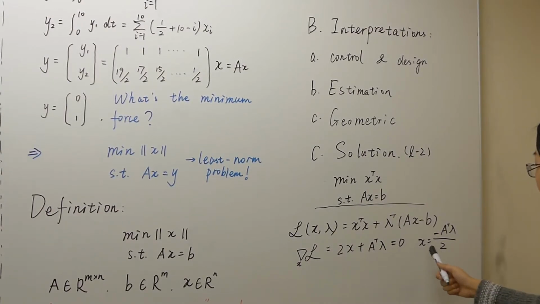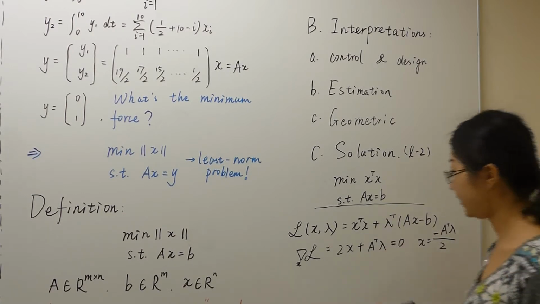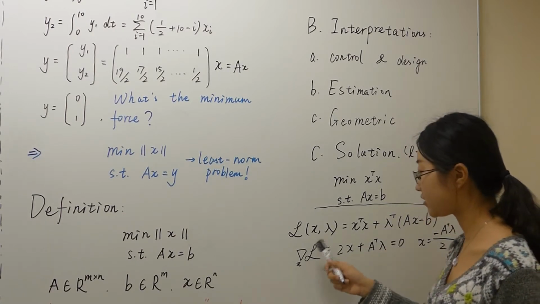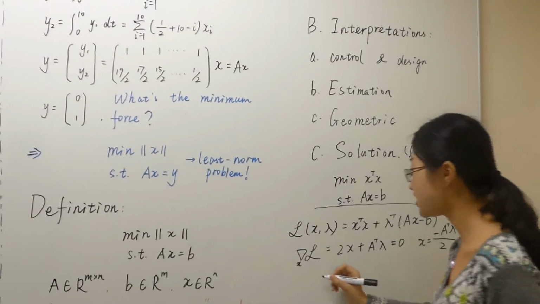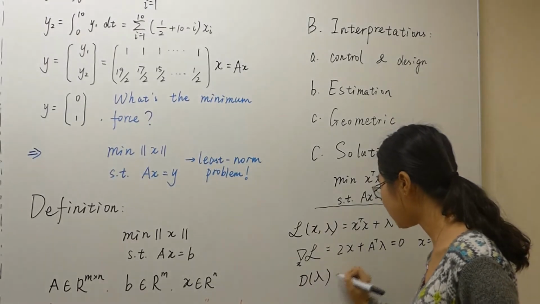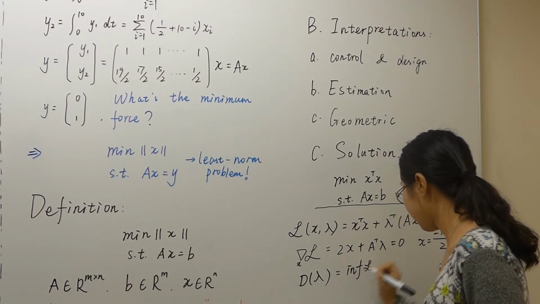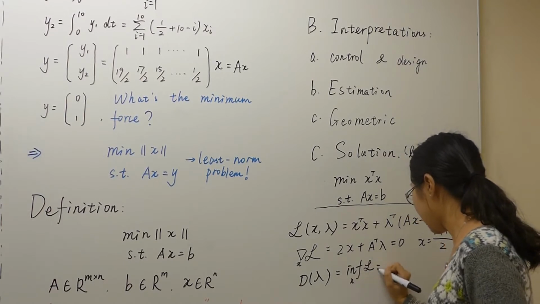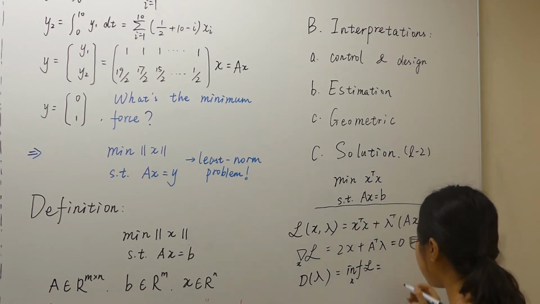Then we substitute x into the Lagrangian function, so that we can get the infimum of the Lagrangian function, which is equal to the dual function.